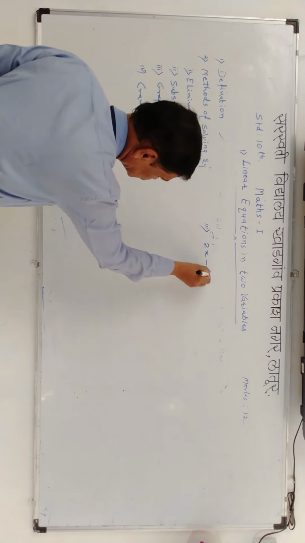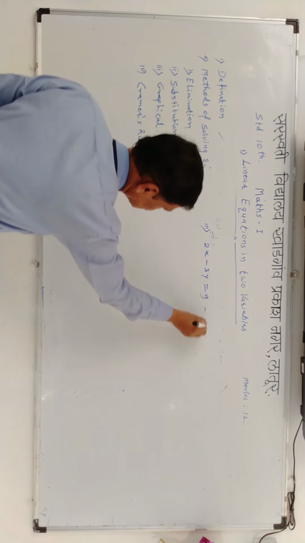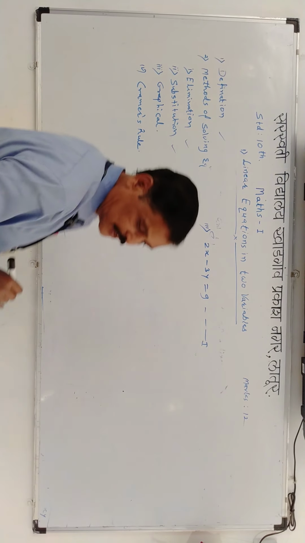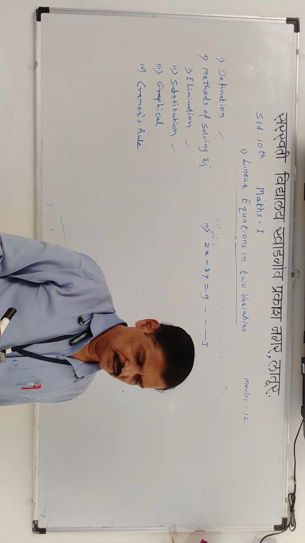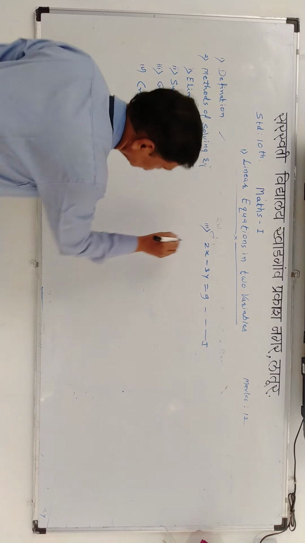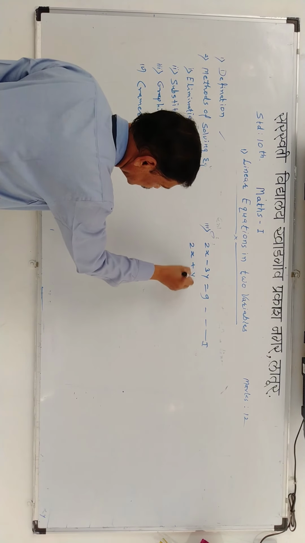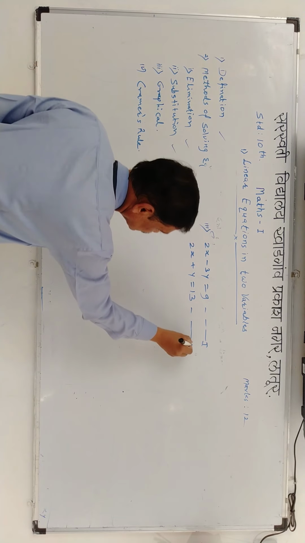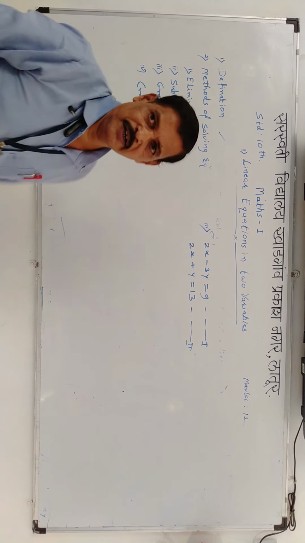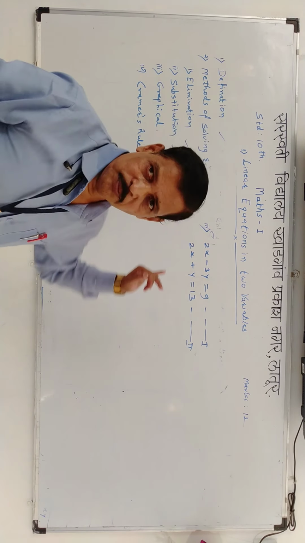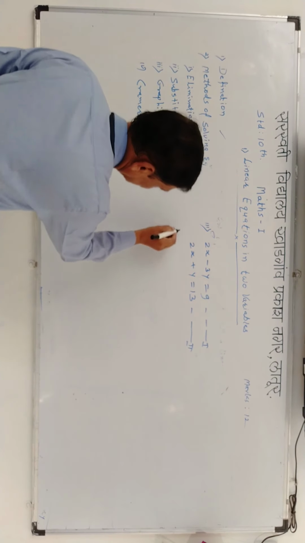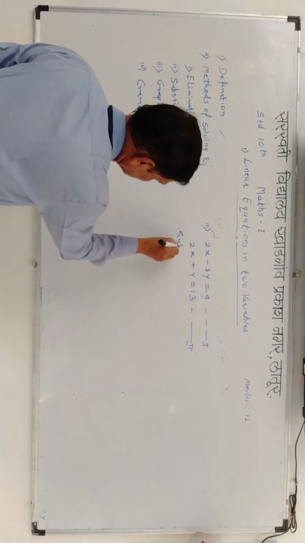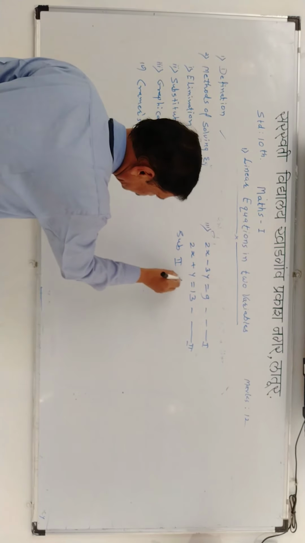This is the first equation, and the second equation is given there. 2x plus y is equal to 30. This is the second equation. Observe it. The coefficients of x are equal, so subtract the second from the first.